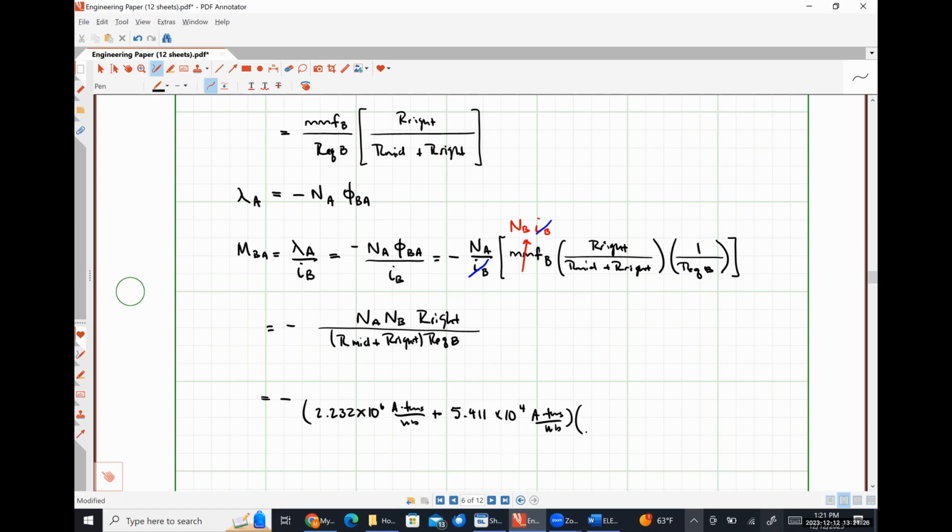REQB was 1.132 times 10 to the 5 amp turns per Weber.